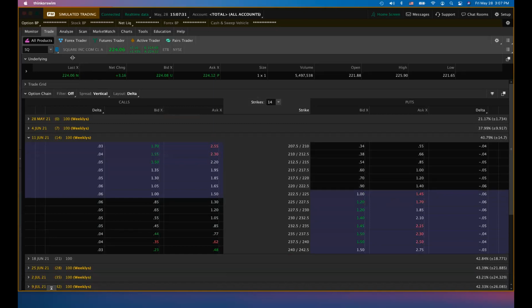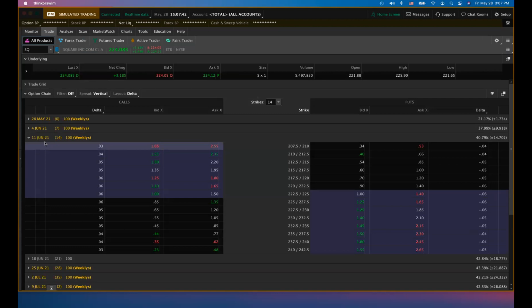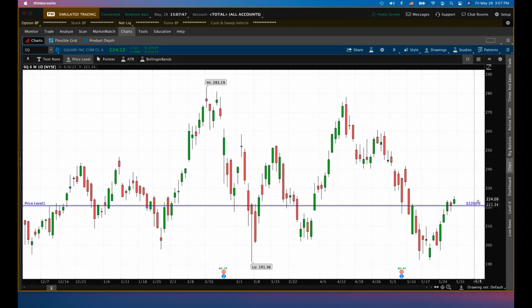Okay. So let's talk through your thesis again. In two weeks, at approximately 11 June, is your thesis that price is going to remain above 220 or below 220? Below 220. You think Square has a way, because see how it's going up, but it's only going to go up to this little red candle and it's going to drop back down.